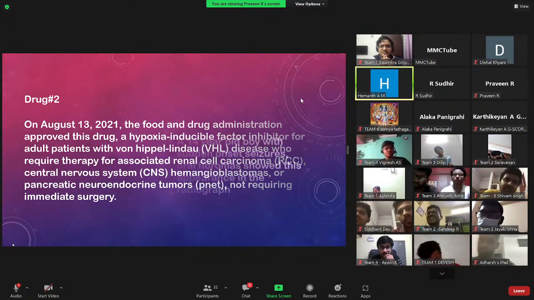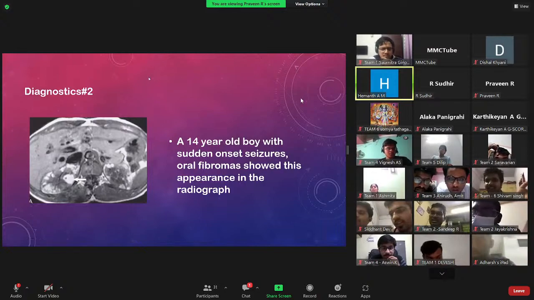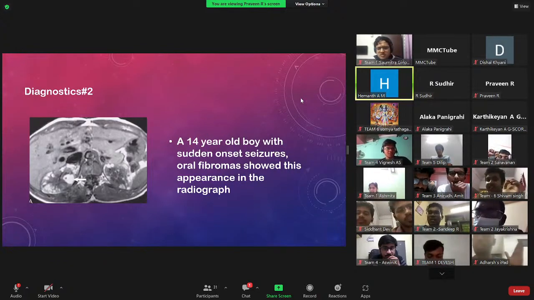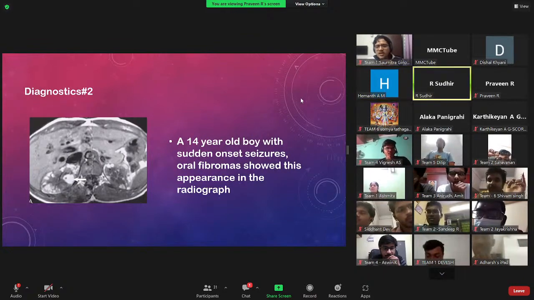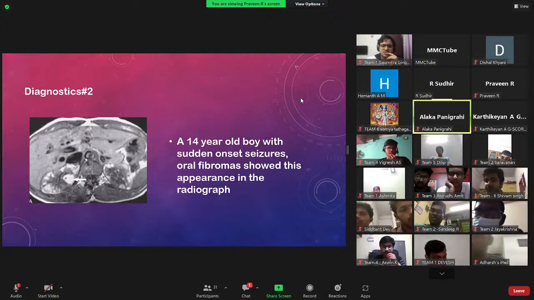Diagnostic question for Team 4. A 14-year-old boy with sudden onset seizures and oral fibroma showed this appearance in the radiograph. Pounce is open. Pounce is over. Pounce is closed.